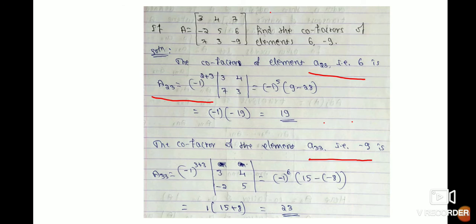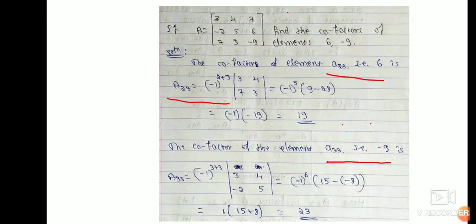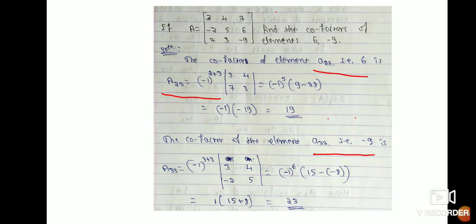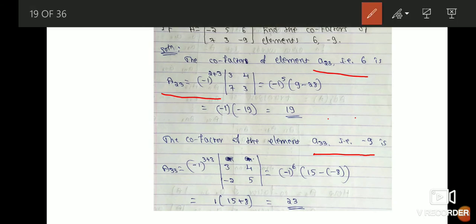So the remaining elements are 3 4 and 7 3. The determinant of 3 4 7 3 is 9 minus 28, times minus 1 to the power 5, so minus into minus is plus, so plus 19.